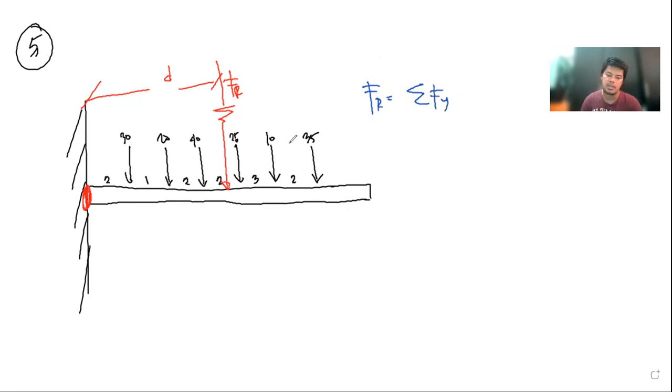Since all of the forces are pointing downward, we just sum it all. 30 plus 20, that's 50, plus 40, 90, and then plus the remaining forces, so we have 160. The unit of which is pounds.